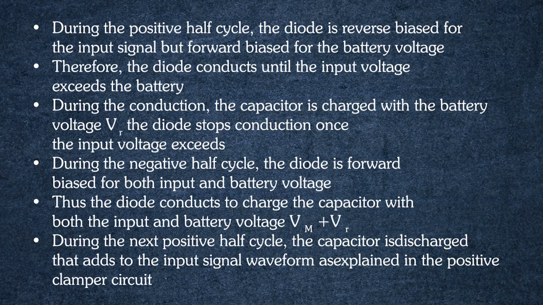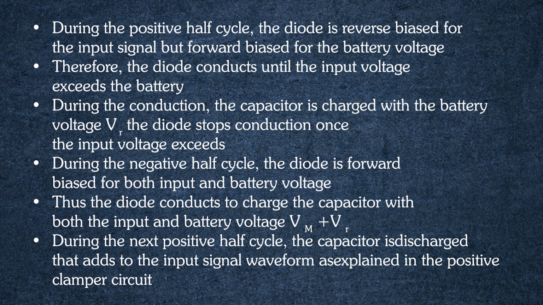So, after that what happens? During the conduction, the capacitor is charged with the battery voltage VR. The diode stops conduction once the input voltage exceeds it. During the negative half cycle, the diode is forward biased for both the input supply and the battery voltage.